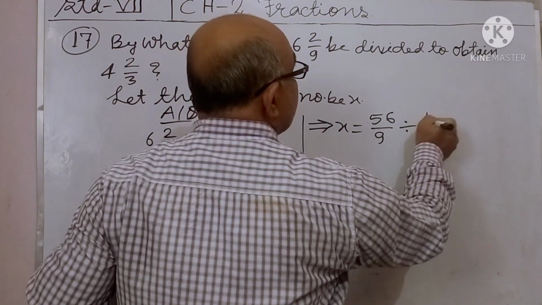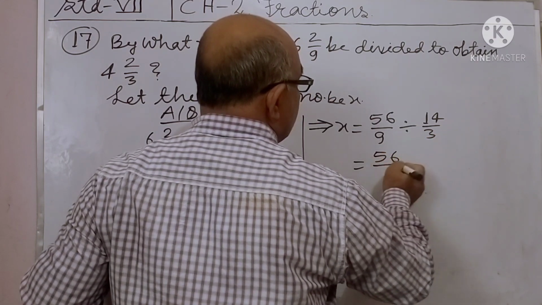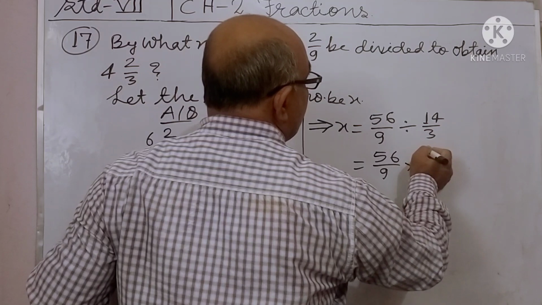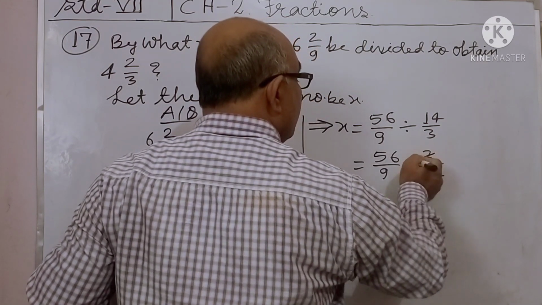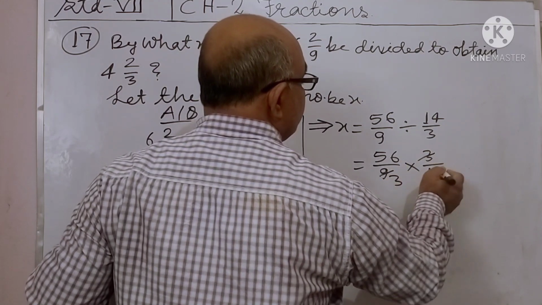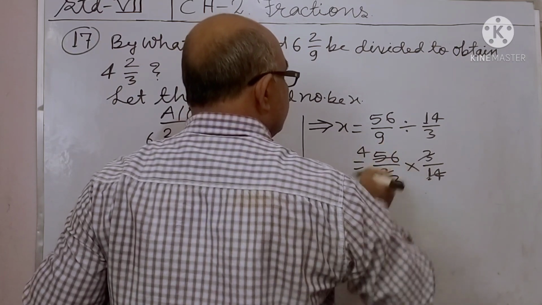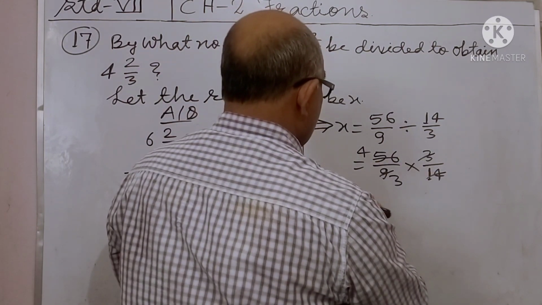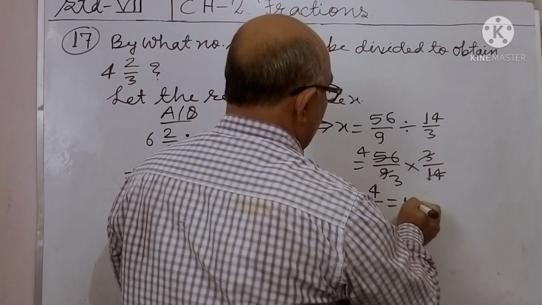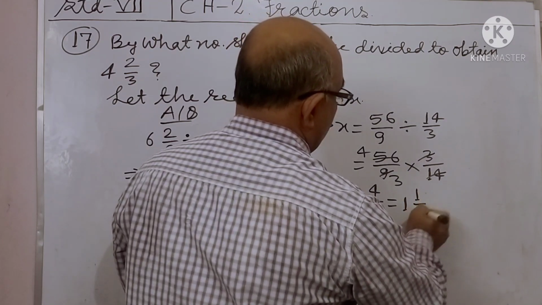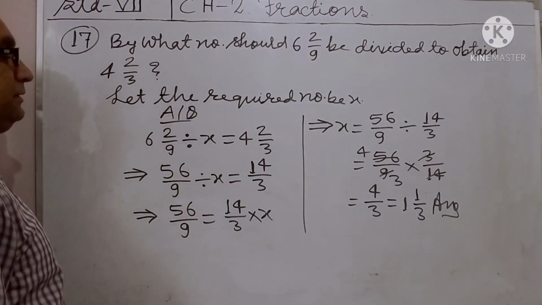So 14 by 3, 56 by 9, divide changes into multiply, so 3 by 14. 3 threes are 9, and 14 times 4 is 56, equal to 4 by 3, equal to 1 whole 1 by 3. Answer of this question. Understand and write it.